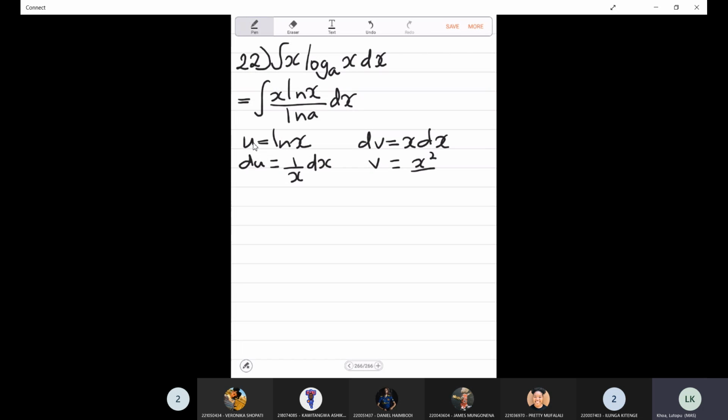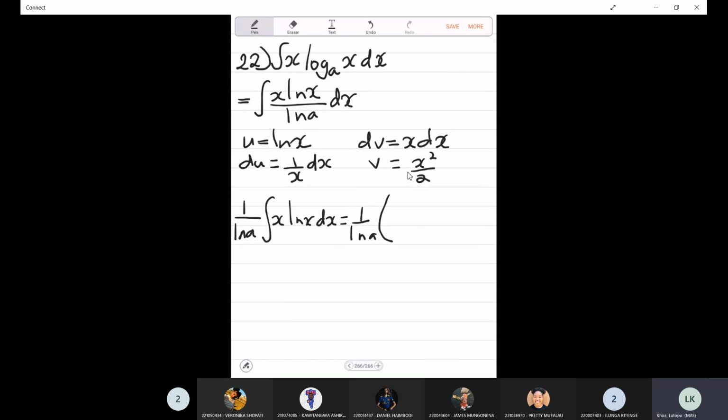Now we have our four terms. We can work out the integral. So here we have 1 over ln of a. We take it outside. The integral of x ln of x dx. This is 1 over ln of a multiplied by u times v.